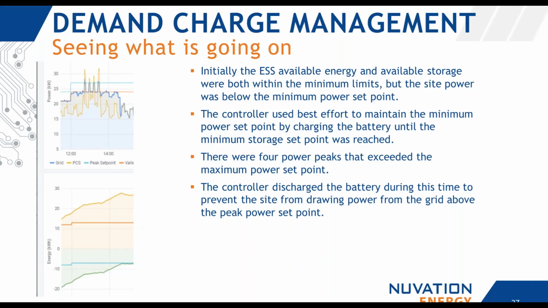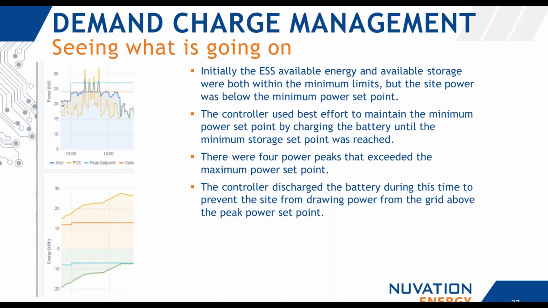If we look at what's happening over this initial part of the system, on the bottom energy graph, we have lots of storage available, and we have a little bit of energy available for discharge. The site power is shown here in the bottom orange line. If the energy storage system wasn't available on the site, that's how much power would be drawn from the system.